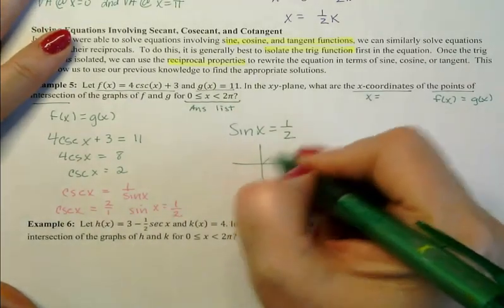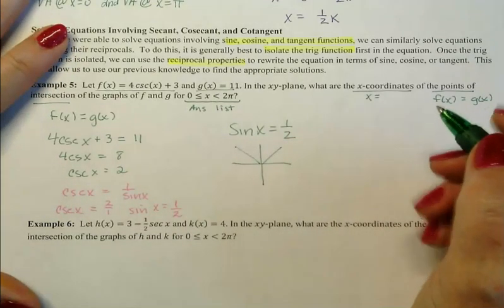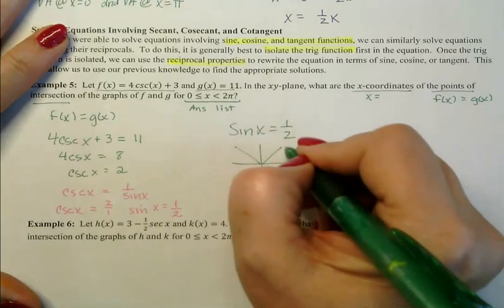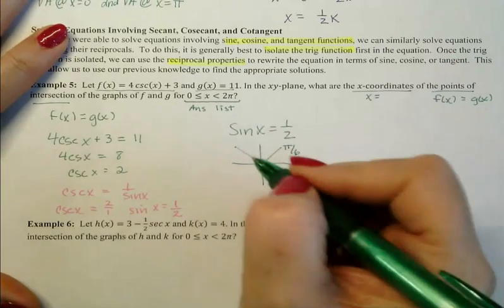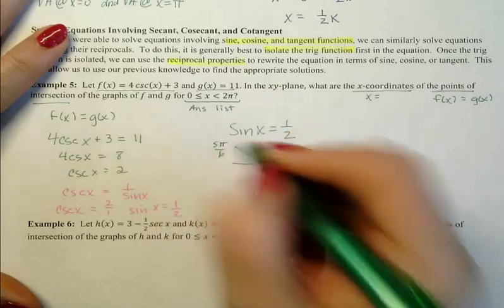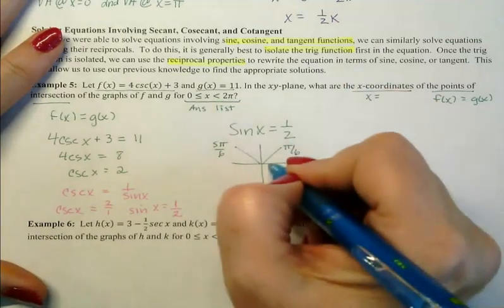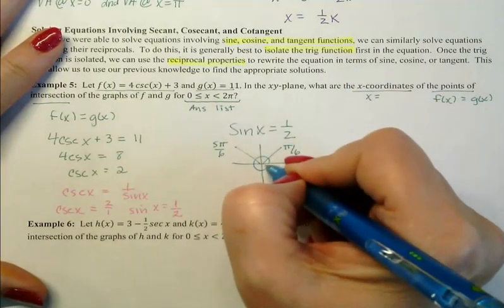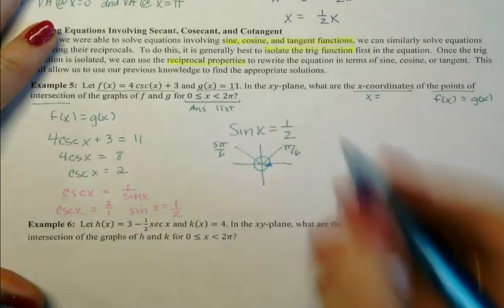I know that sine is positive in the first and the second quadrant. I know the angle in the first quadrant that has a sine value of 1/2 is pi over 6. And I know the angle in the second quadrant that has a sine value of 1/2 is 5 pi over 6. So what that restriction right here means is that if we're starting here, we're going all the way around and stopping right there at 2 pi. So that's one rotation around.